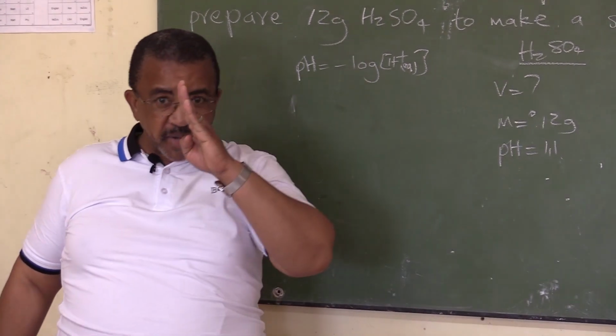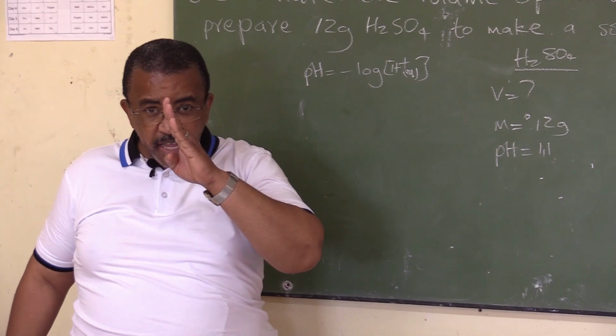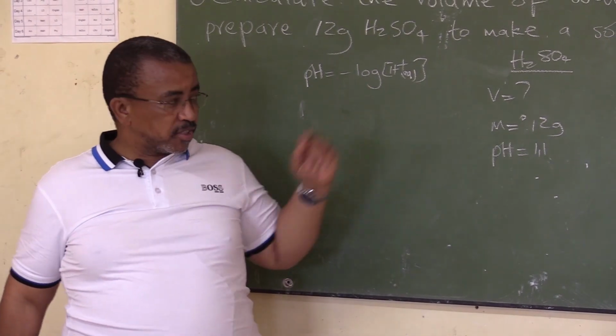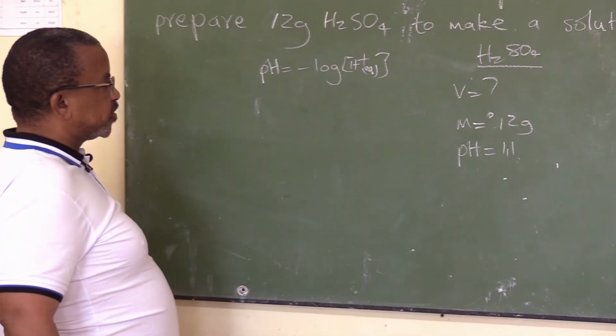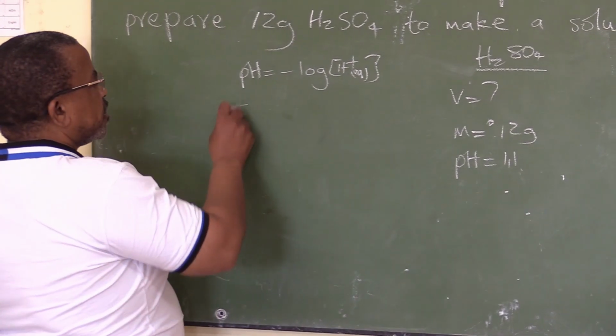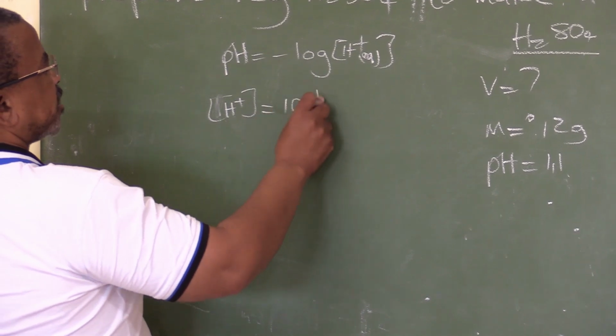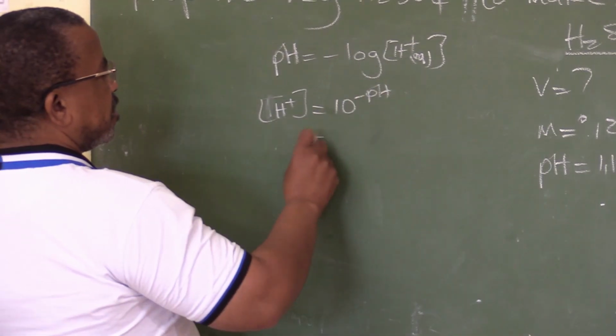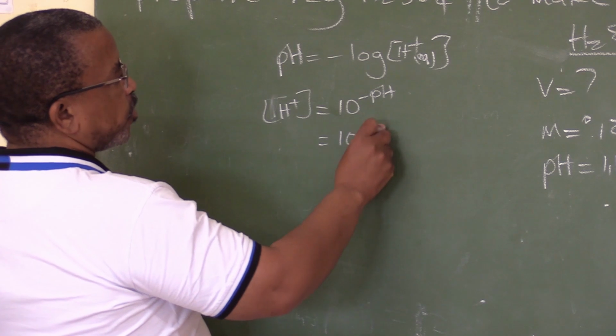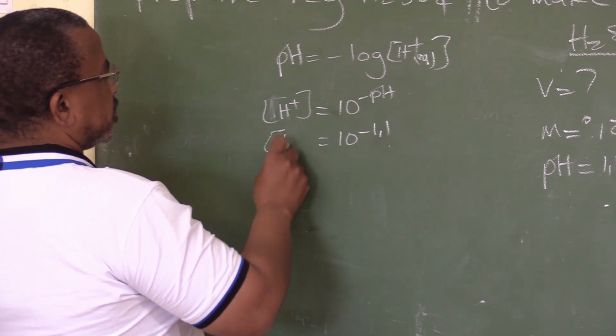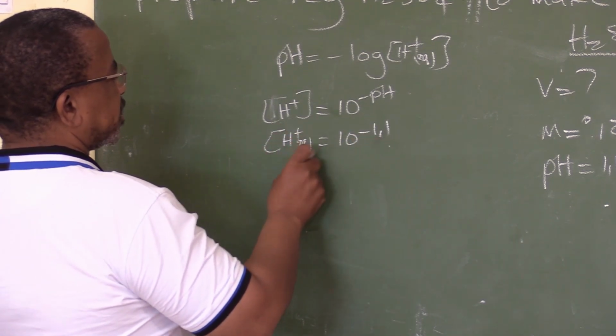The H plus is already combined. You will find the acid using that ratio, we will see. So what is the concentration of H plus? The concentration of H plus is 10 to the power minus pH, 10 to the power minus 1.1. That is the concentration of H plus aqueous.